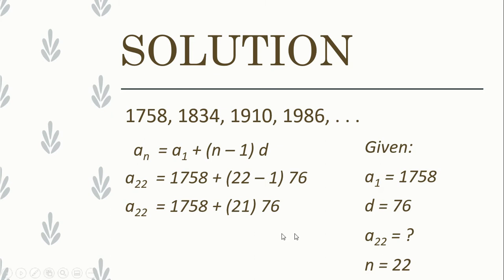And that is to be multiplied by 76. And the product of 21 and 76 is 1596. Added to the first term, which is 1758, the 22nd term is 3354. Next.